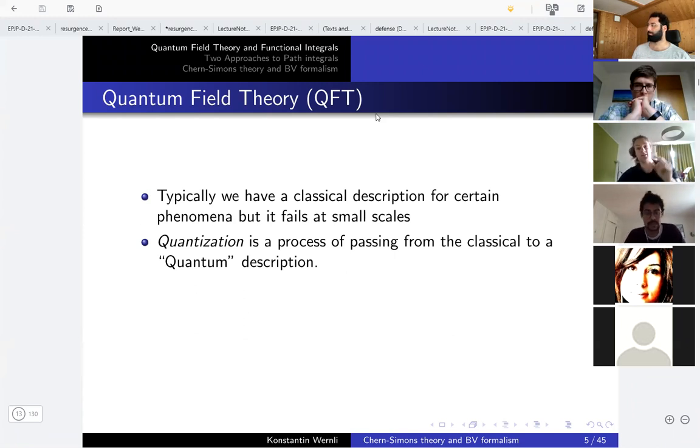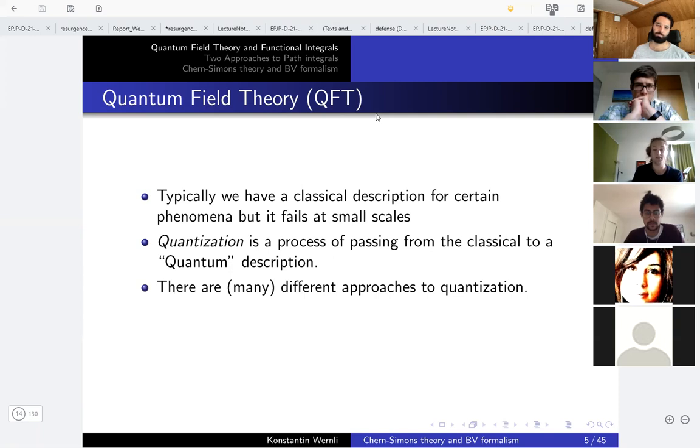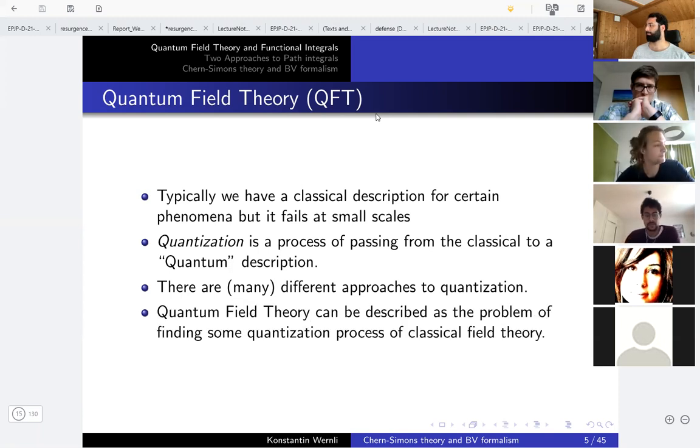So we're making observations at very small scales. They're not governed by our classical physics. So we're looking for another theory coming from this classical physics describing the quantum phenomena. That's quantization. And there are many, many different approaches, and people have been thinking about it for more than 100 years, I guess.